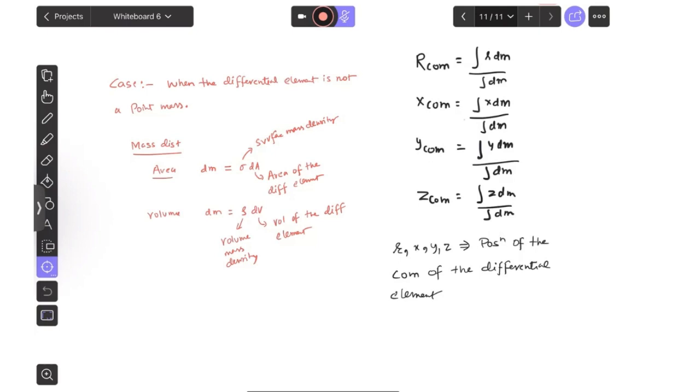So whatever I am considering the system to be made out of mathematically must be something for which we know the result of the center of the mass. For example, if I think of what can be a differential element of a semicircular disk, you could take anything, but you must take something for which you know the center of the mass.